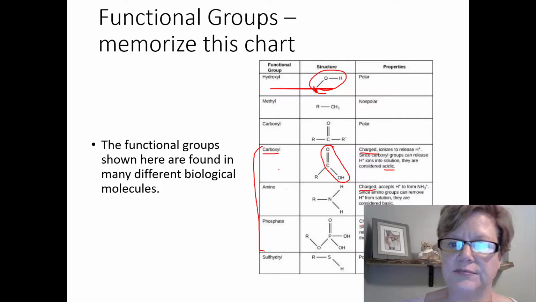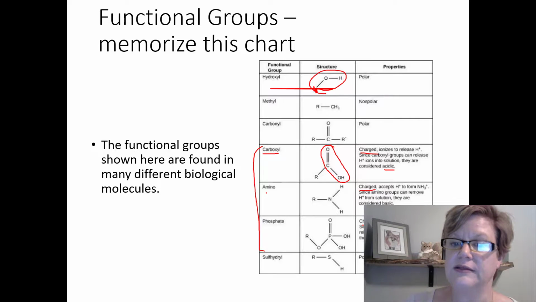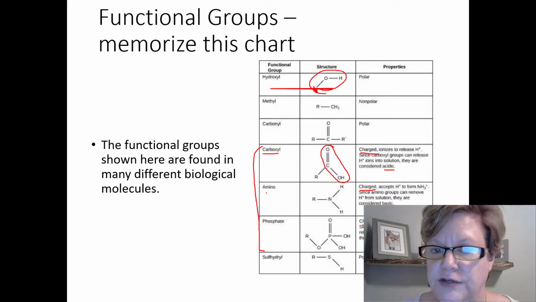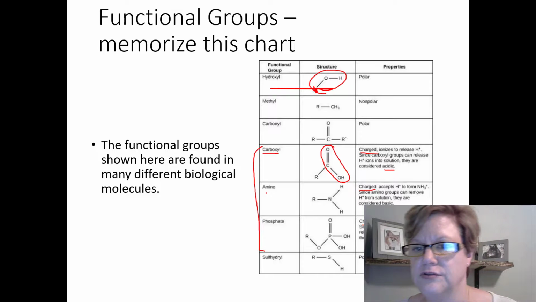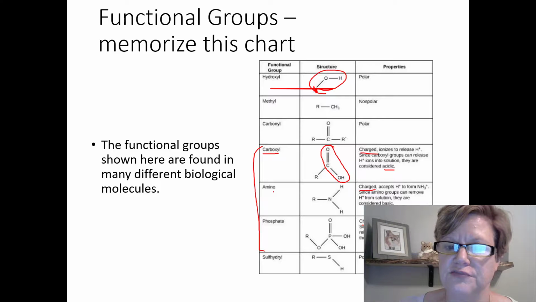Remember, an acid is something that releases hydrogens into a solution to raise the hydrogen ion concentration. A base is something that binds to free hydrogens in a solution, which removes those free hydrogens from the solution and therefore lowers the hydrogen concentration in the water. And that is the definition of base.